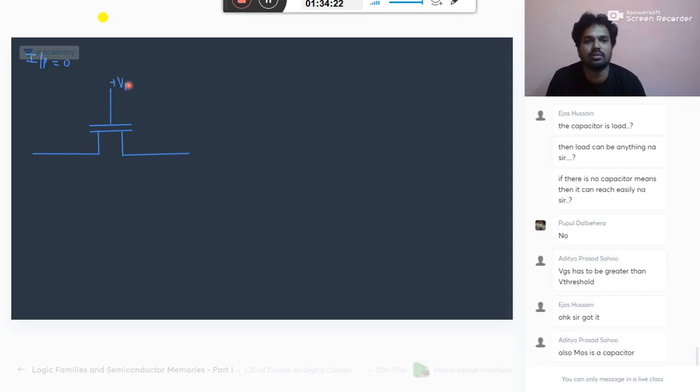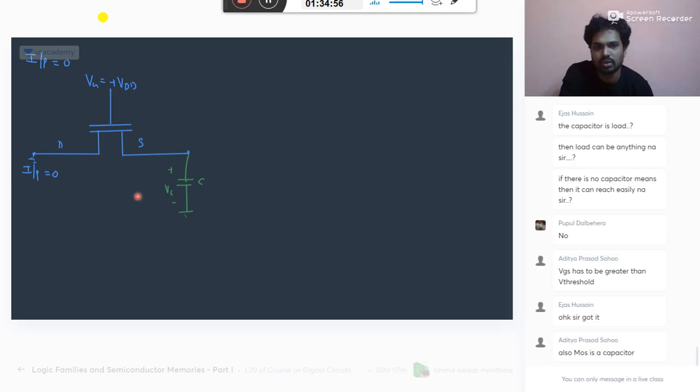So plus VDD, this is your VG. And now the input is made equal to 0. 0 means what? Ground. Here also let me take the same example. You assume the capacitor is having some charge initially.